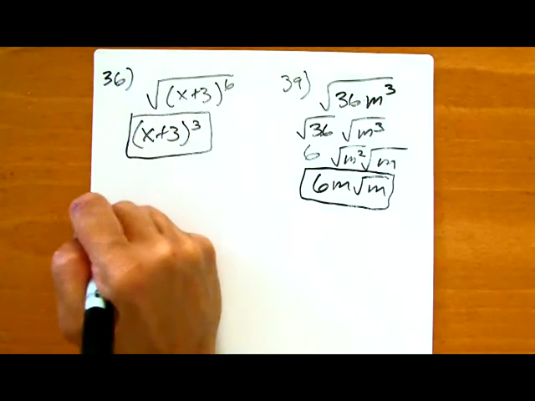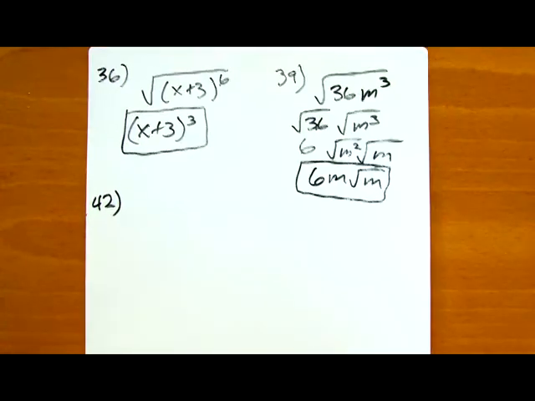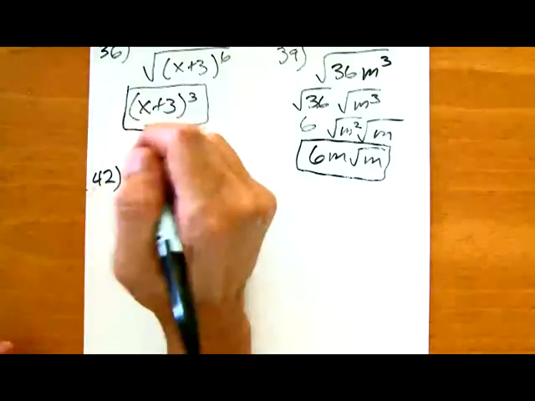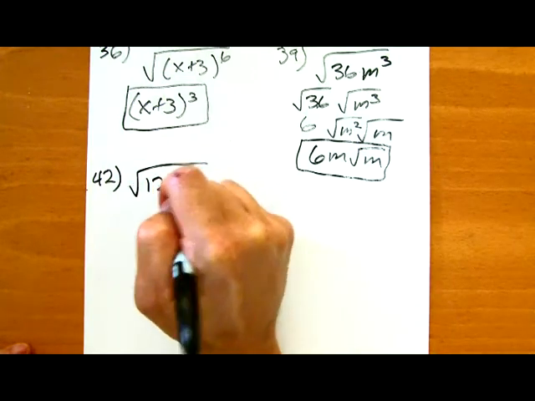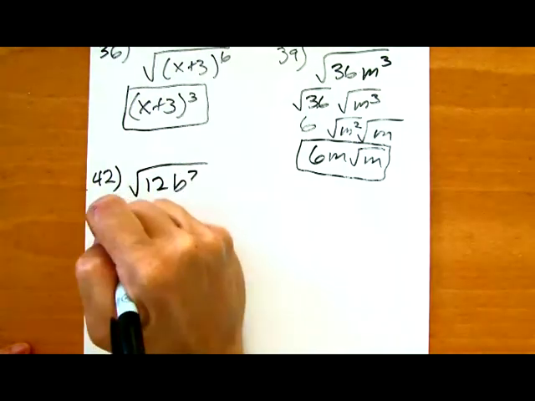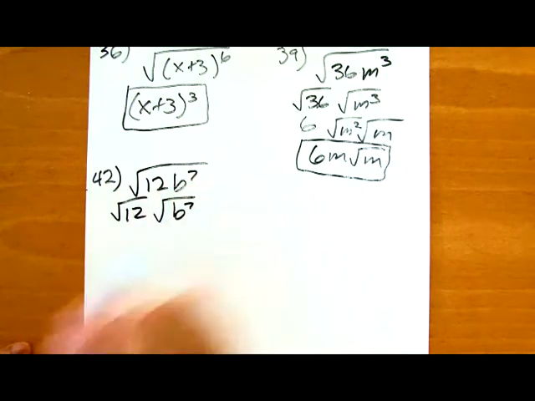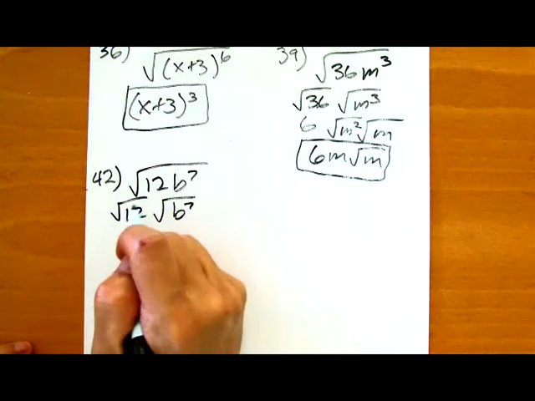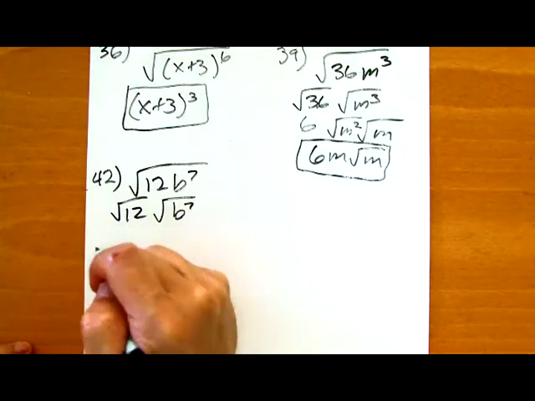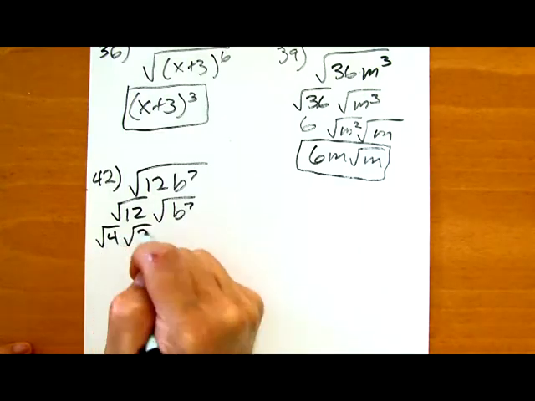Number 42 says square root of 12b to the 7. Okay, I'm going to split up number, variable. Can we split the 12 into factors, one of which we can square root? 4 and 3.